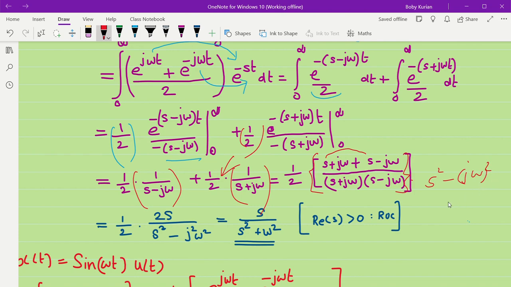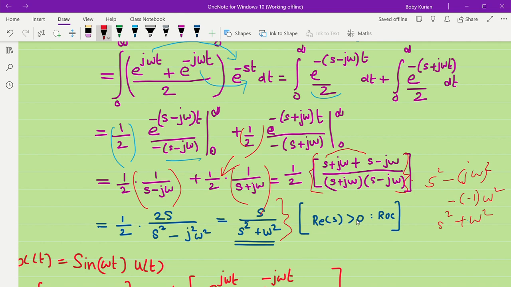This is nothing but minus of j square, which is again minus 1 into omega square. So this is s square plus omega square. So that is the final result: s by s square plus omega square.